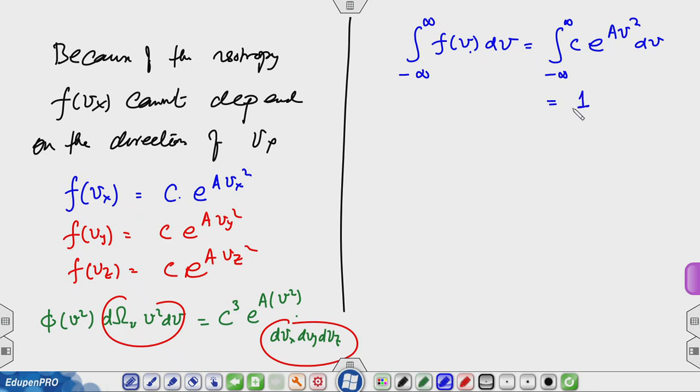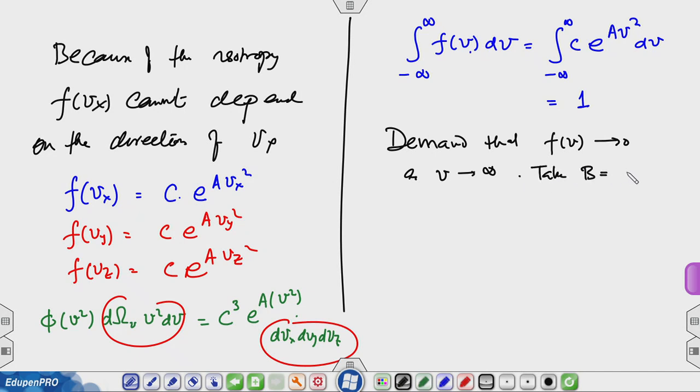And this gives you a relationship between C and A. But before that, we demand that f(v) go to 0 as v goes to infinity, because there will be no particles with infinite speed. So let's put that minus sign in the exponential explicitly. Take b to be minus a, and therefore write f(v) dv equals c e raised to minus b v square dv.